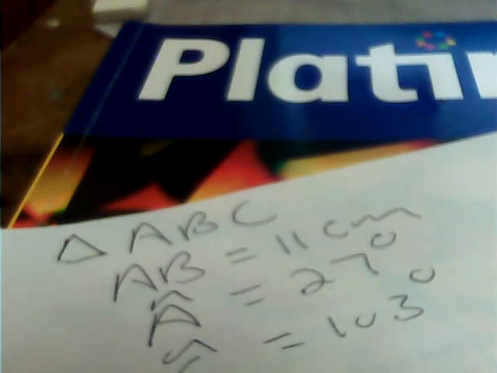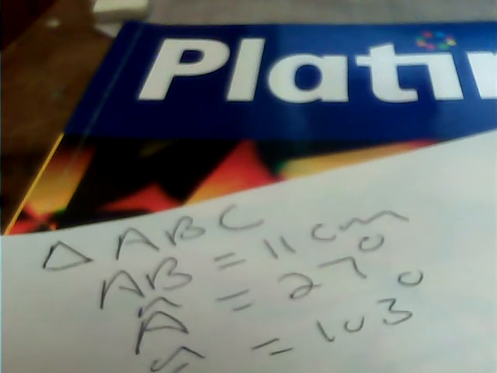To illustrate this, we are going to draw triangle ABC where the given side is AB of 11 centimeters and the two given angles are angle A of 27 degrees and angle C of 103 degrees.